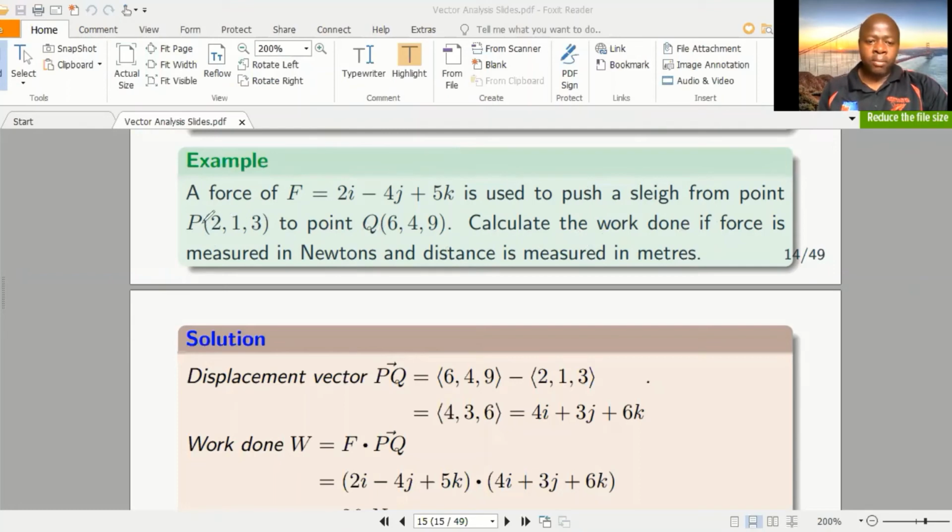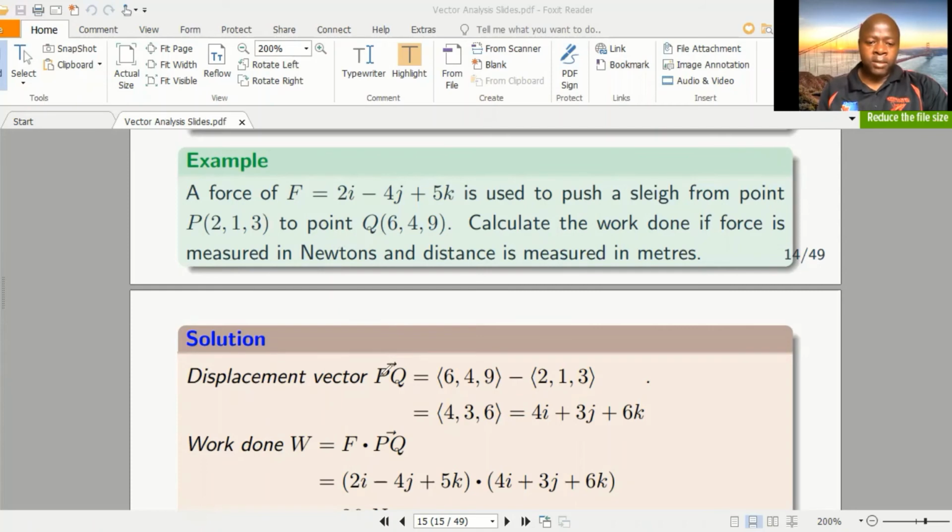So here we've been given the points from which the box is being pushed. Now it's a sleigh, being pushed from this point to this point. So these two would give us a displacement vector.